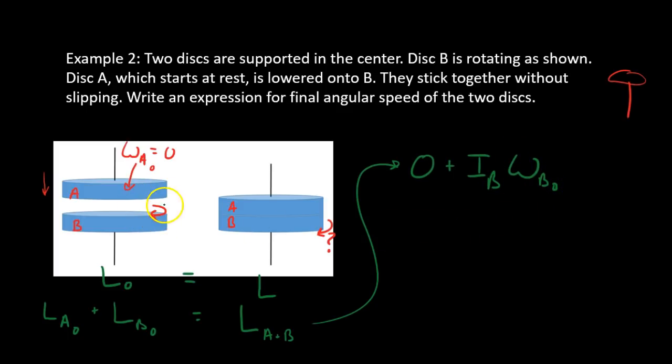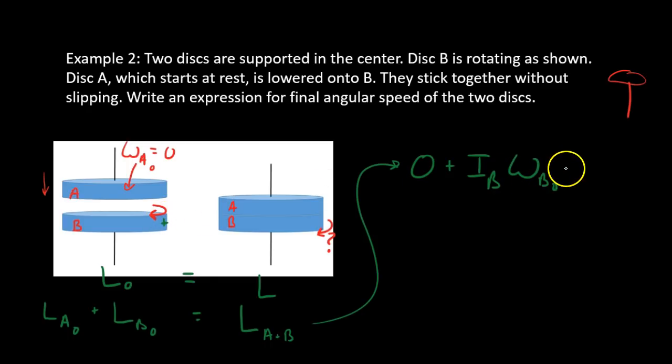Now, to be honest, we might have to worry about direction, because if A was spinning clockwise and B was spinning counterclockwise, angular momentum is a vector. We would have to take into account plus or minus. Okay, but this starts at 0, so I'm not really going to worry about plus or minus here. We could just define this direction as the positive.